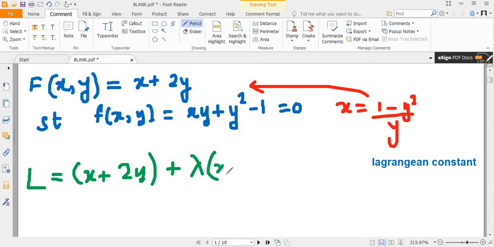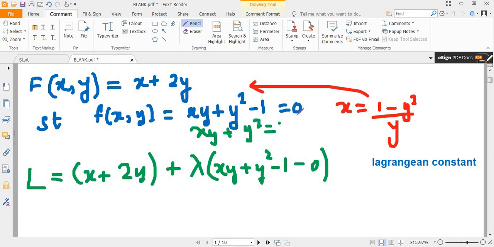We think of it this way. We write xy plus y square minus 1 minus 0. Essentially, we think of it in the implicit function. Had we received the function as xy plus y square equal to 1, this constraint is the same as this constraint, right?